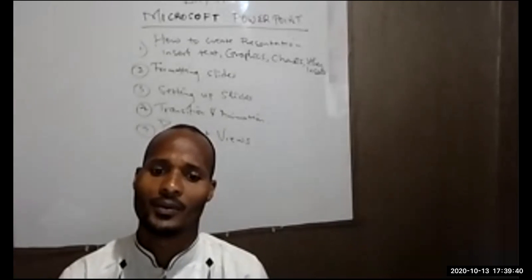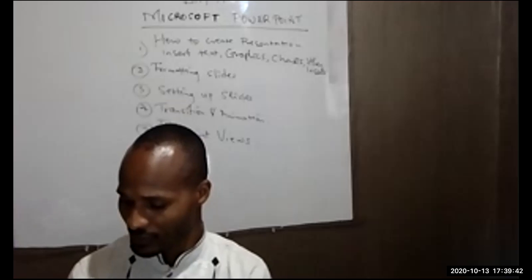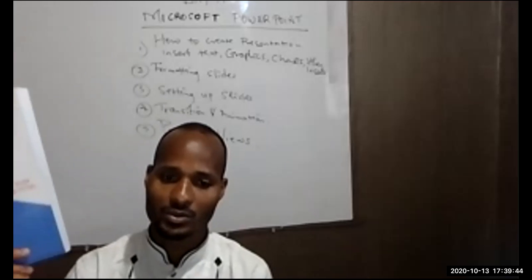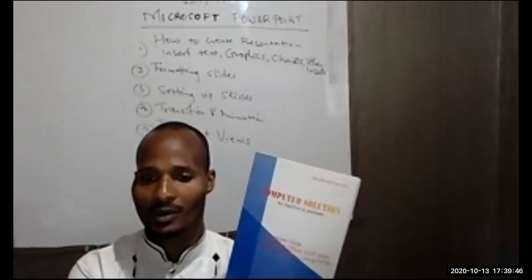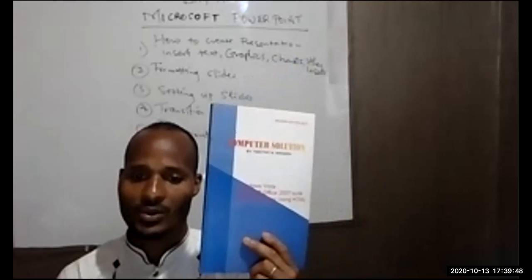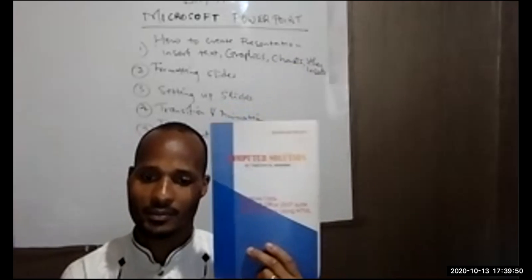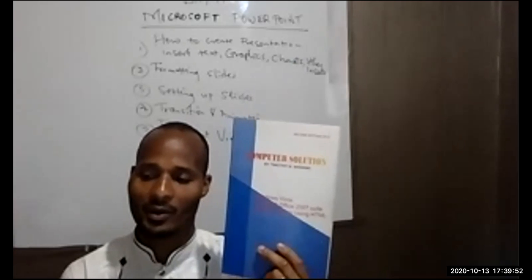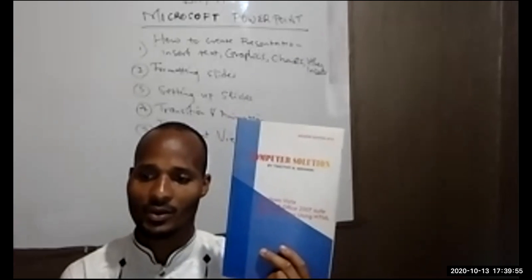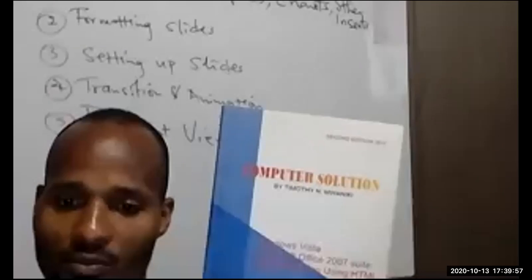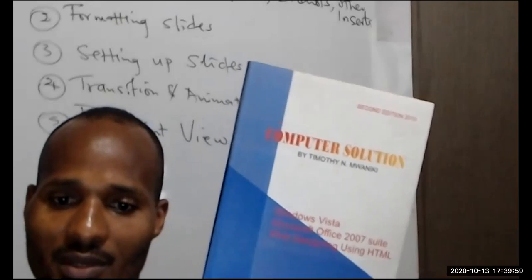So for small information, you can check on these materials that I have. I have a book that will help you know how to create a slide. Let me put it here. Here's all the notes that are required, notes for all offices. So you can get the material, all those packages that I'm analyzing here.